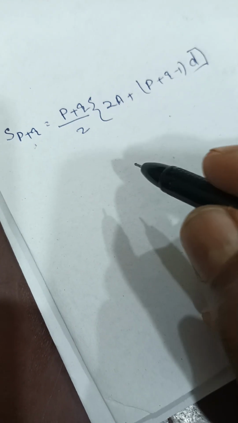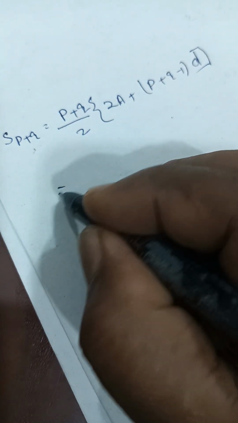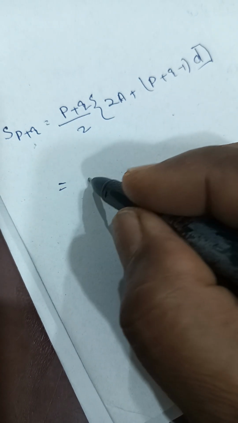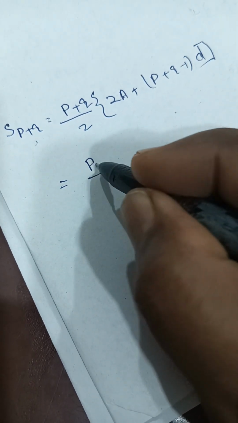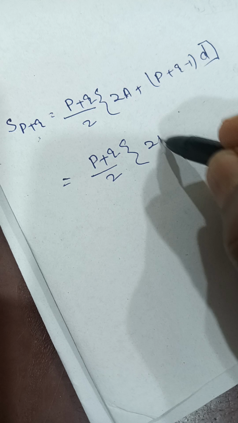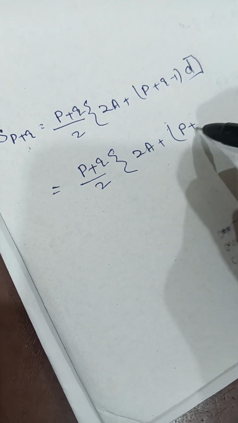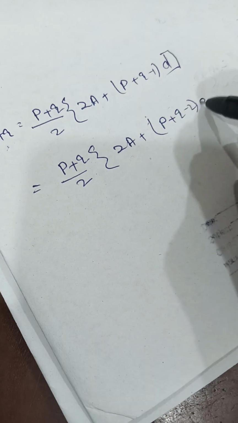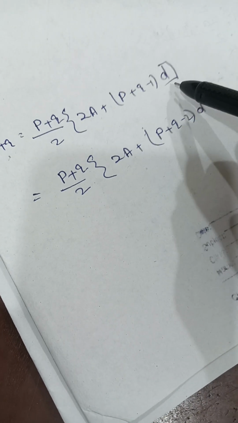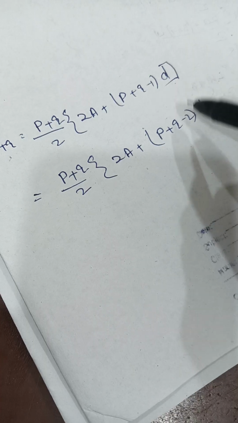Now we can write it as (p plus q) by 2, then twice A plus (p plus q minus 2) into d. The formula has minus 1d, but I have written minus 2d.